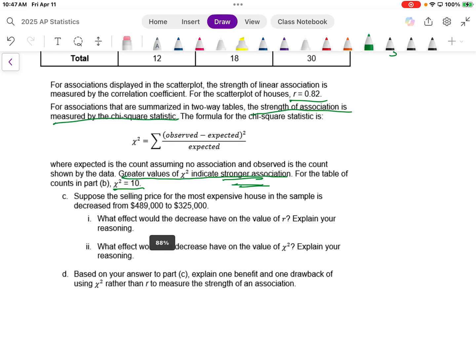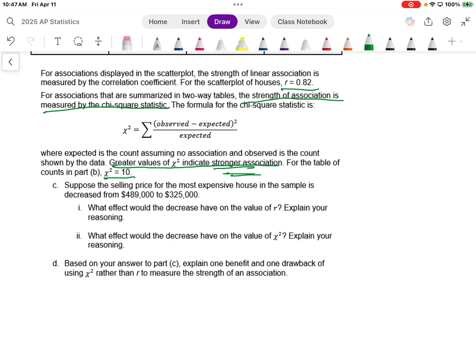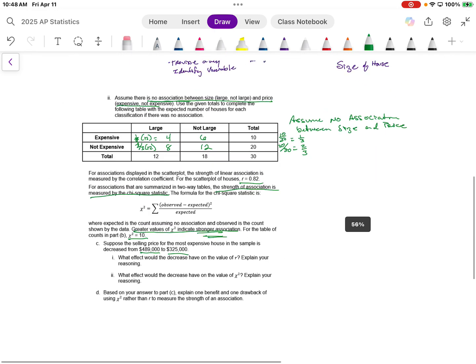Now they said, suppose the selling price for the most expensive house in this sample went from 489 down to 325. What effect would the decrease have on the R value? Explain your reasoning.